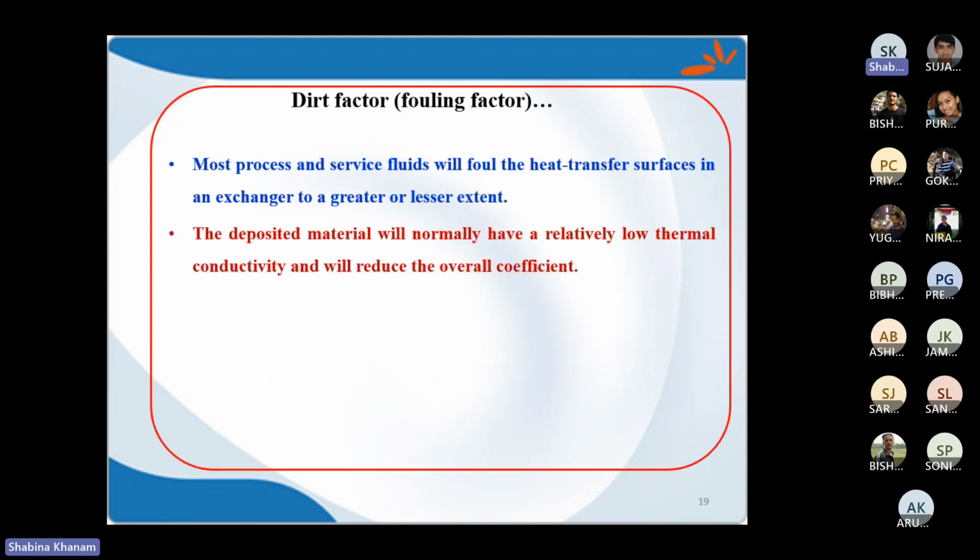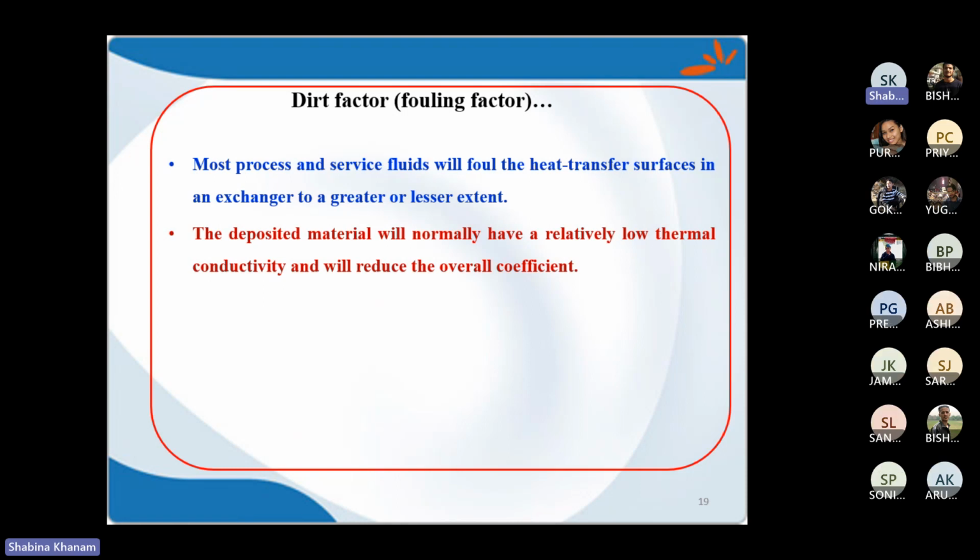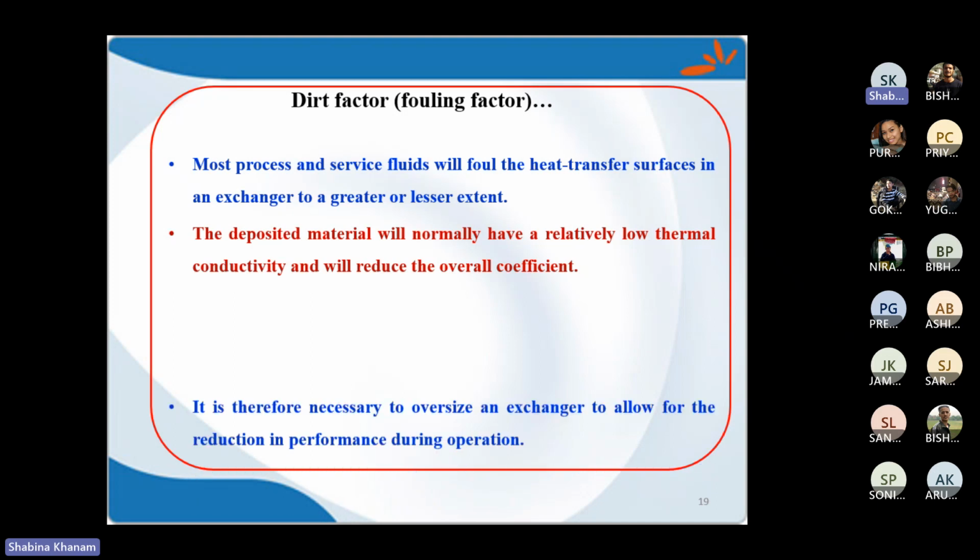The deposited material will normally have relatively low thermal conductivity and will reduce the overall heat transfer coefficient. Also if it reduces the heat transfer coefficient, the heat transfer area will increase.